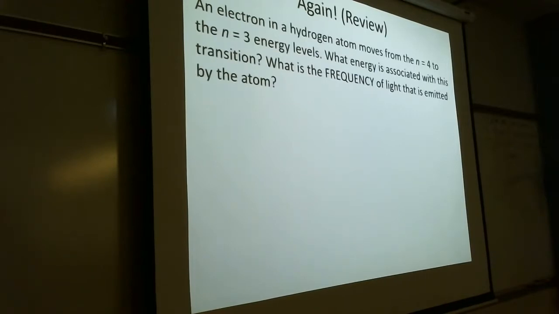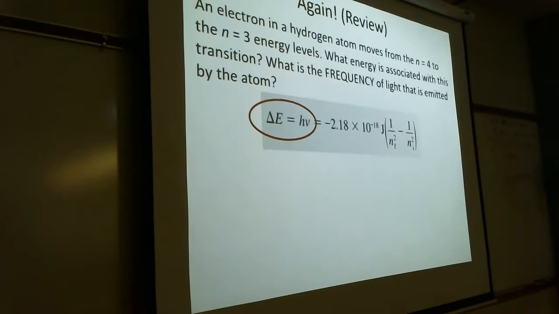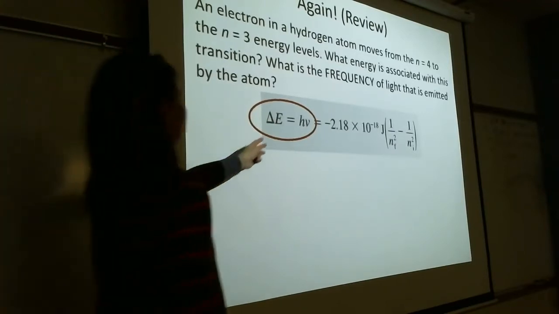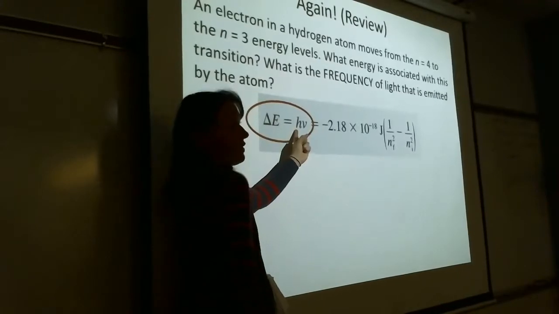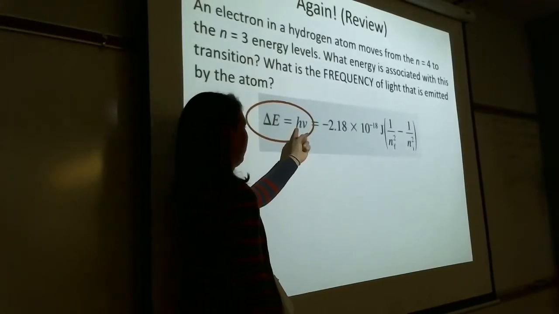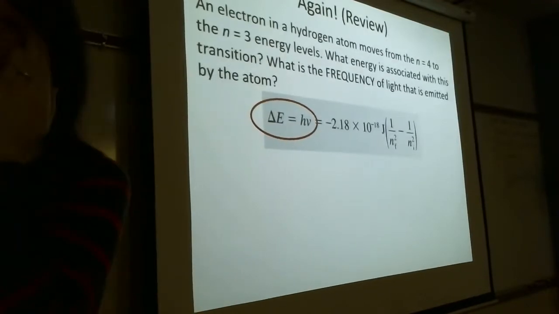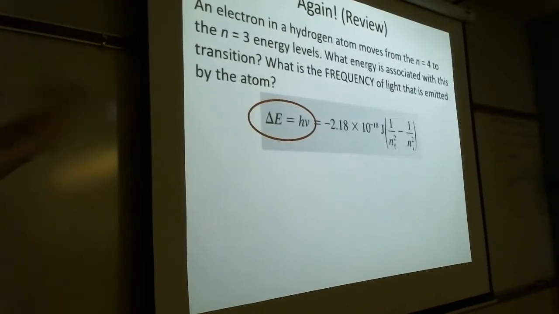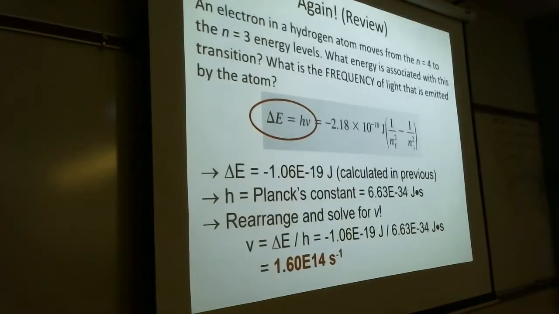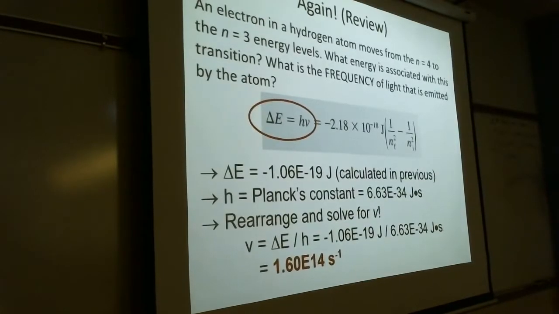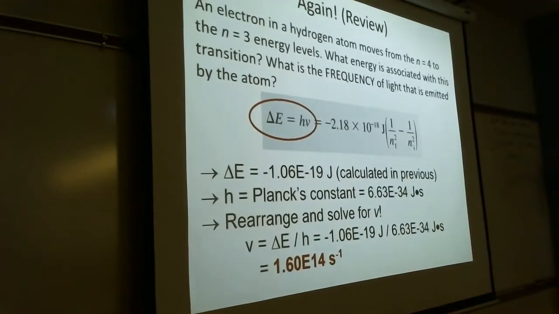You use delta E is equal to Planck's constant times frequency. Right. So we're using this part of the equation. Right? Because we just calculated energy in the previous problem. This is a constant. There's nothing I need to do to get it. So I just solved for frequency. Does everyone see why we chose that equation? So we're just rearranging. 1.6 times 10 to the 14th hertz.